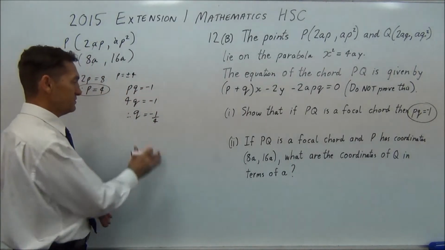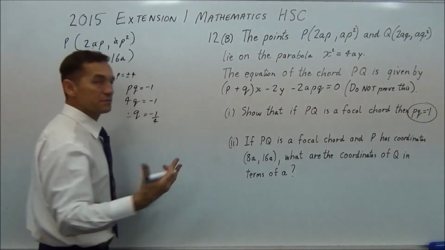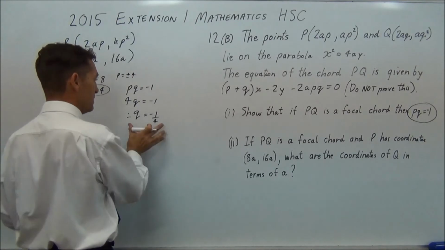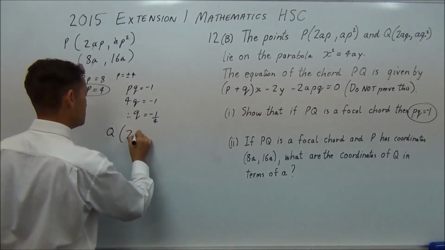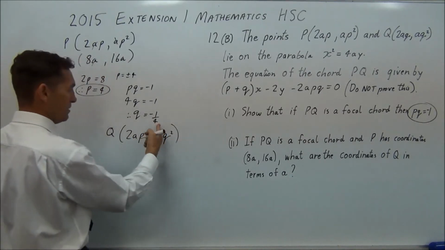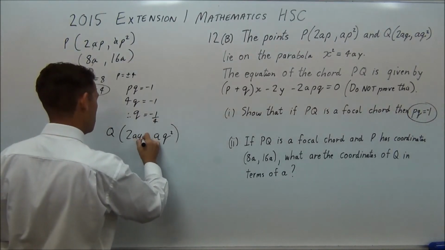What are the coordinates of Q in terms of A? Now it's fairly simple. You're just substituting that into Q and that's your answer, but getting through to this stage is probably the trickiest part. Once you've got there, so Q is 2AQ, AQ squared, put in your Q, oops, that's a Q, isn't it? Whoopsie, AQ.